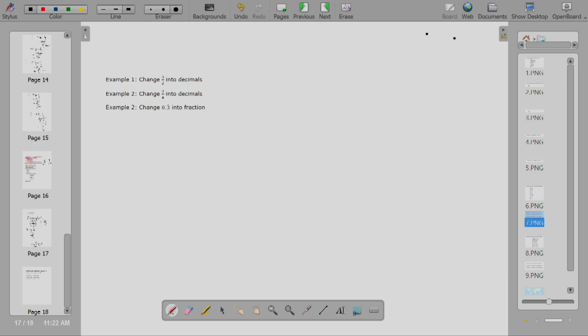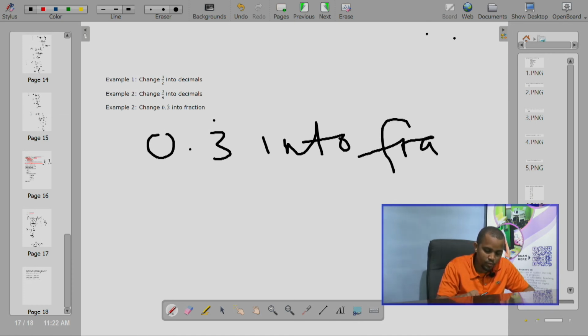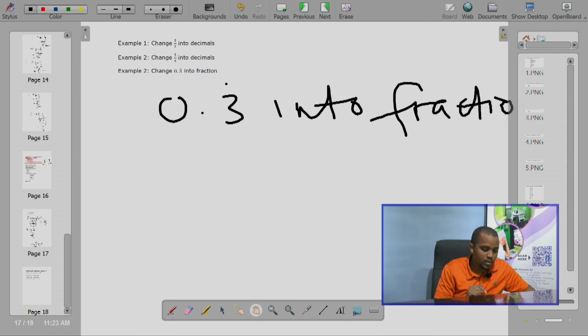So let's move to example 3. Example number 3, in which we are required to convert this recurring decimal 0.3 dot into a fraction.